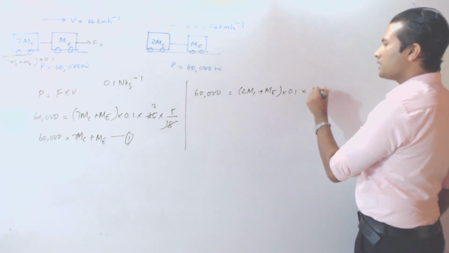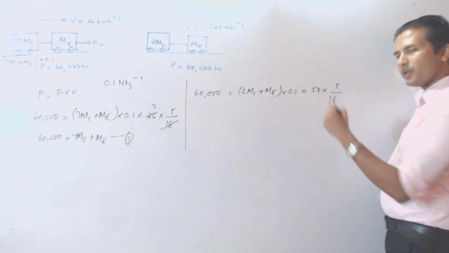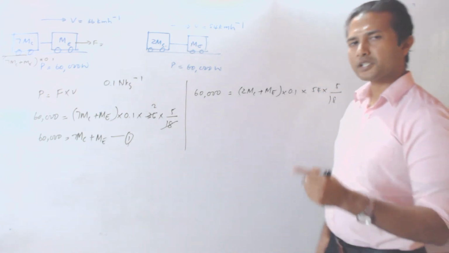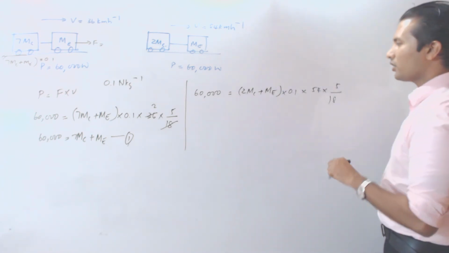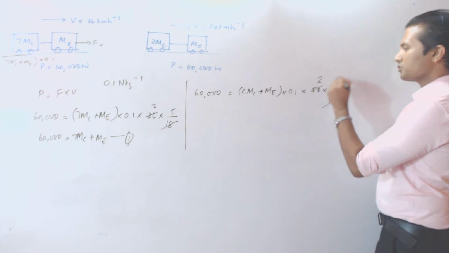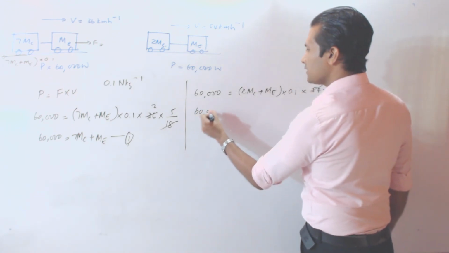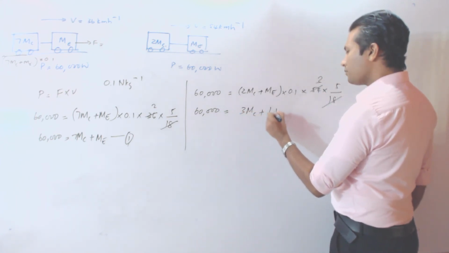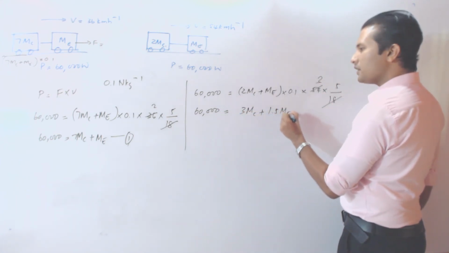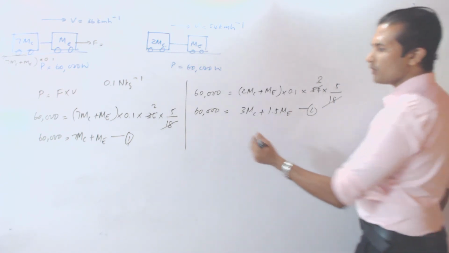And again the velocity 54 should be converted into meters per second by multiplying by 5 upon 18. So this is 15. This is 3 mc plus 1.5 me. This is the second equation. Two unknowns, two equations.